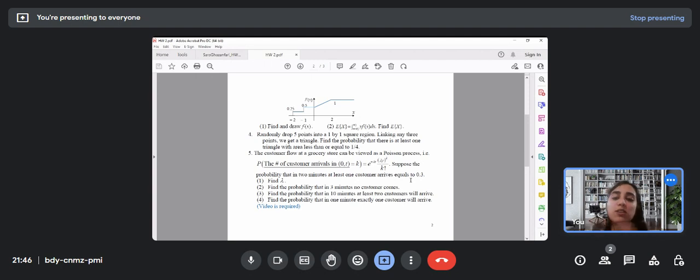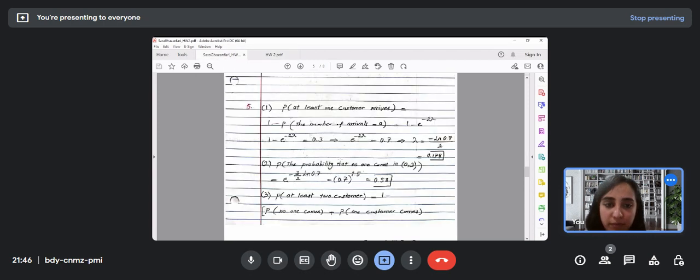So we can put these two parameters into our formula, and then we will get 1 minus exponential of minus 2 lambda. Then we write this down, and we get lambda. So this is finished. Let's go to part 2.